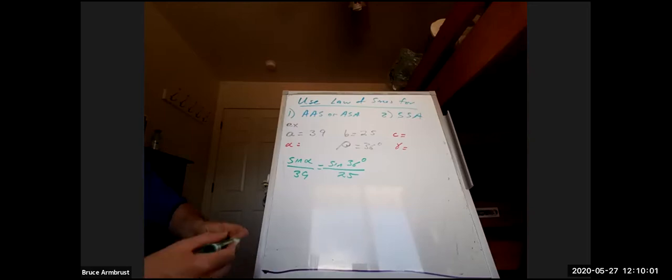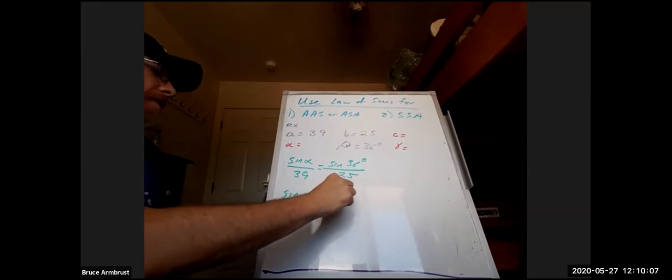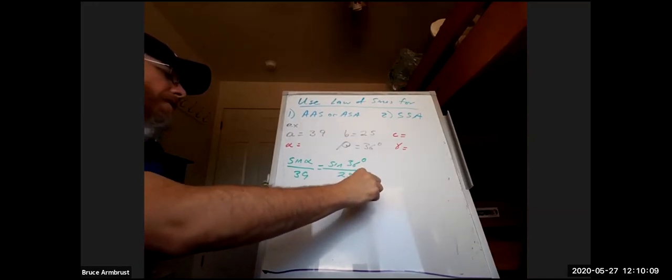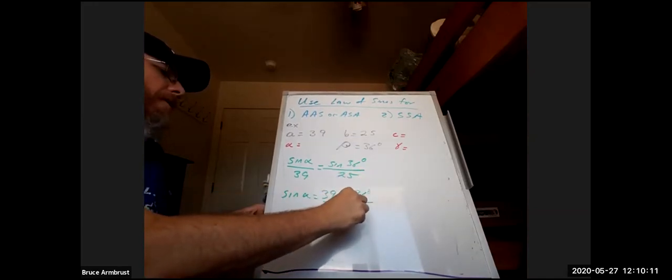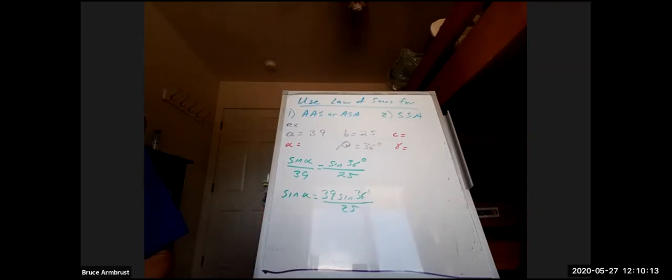So if I now want to solve this for alpha, I'm going to get sine of alpha is equal to 39 sine of 36 over 25. And what am I going to do to actually solve for alpha? Good, Amber just said the inverse. We're going to use sine inverse.